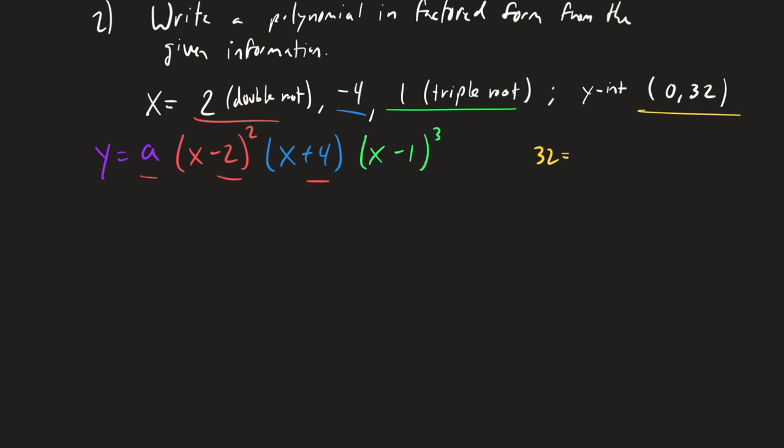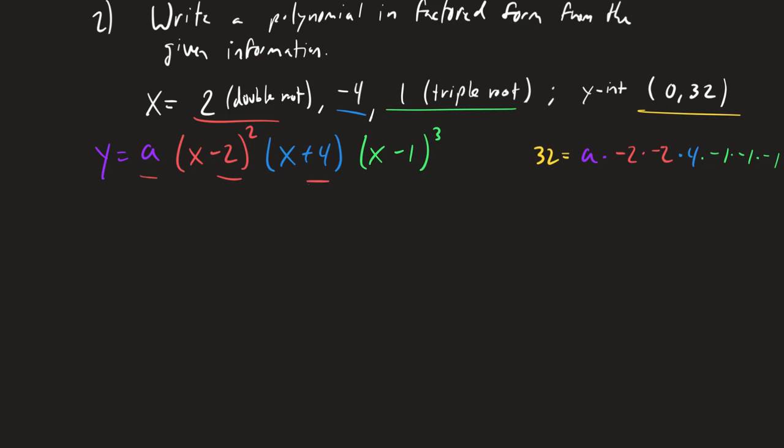So 32 is going to equal a times -2 times -2, since that was a double root, and then times 4, and then times 3 negative 1s, like last time. I just want to simplify everything on the right side. So -2 and -2 is going to be +4. +4 times +4 is 16. 16 times 3 negative 1s would be -16 again.